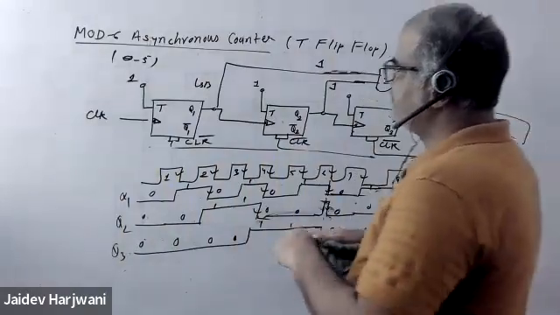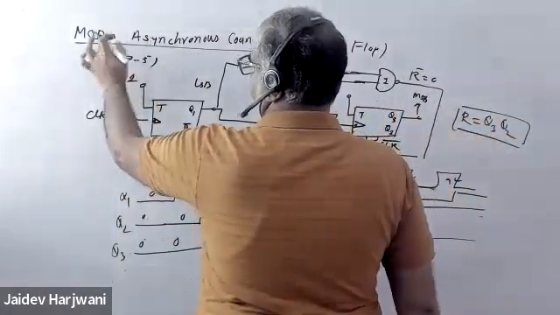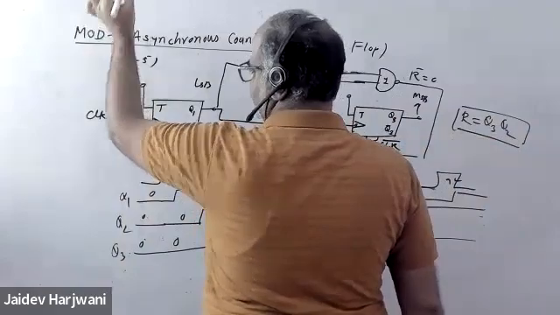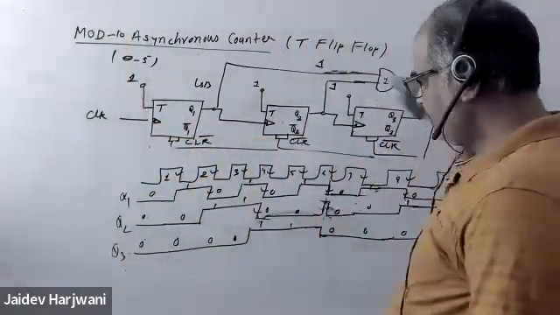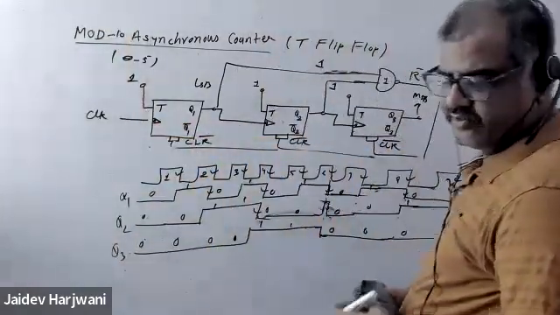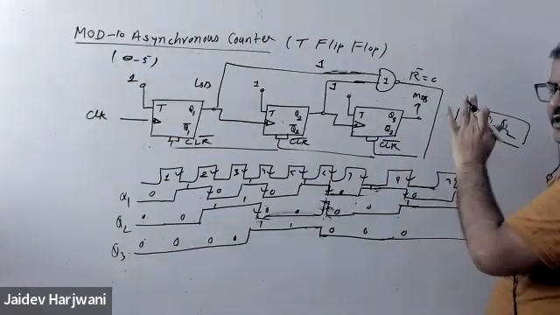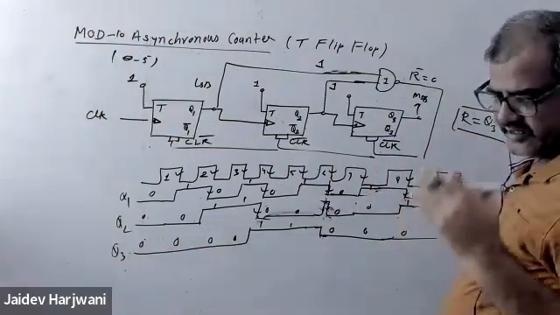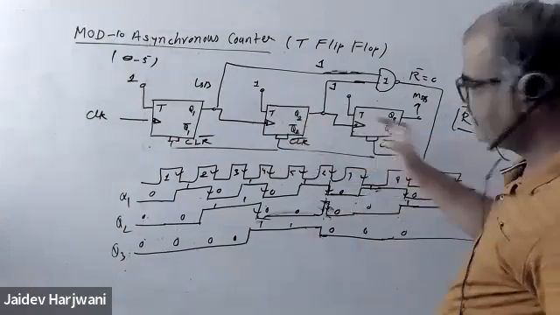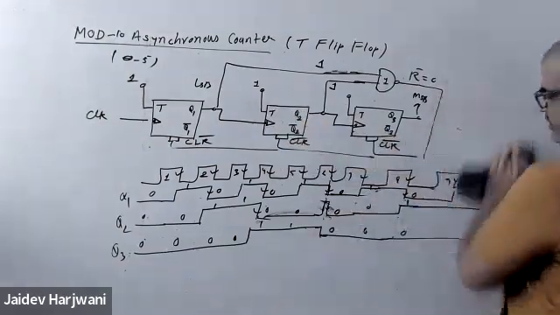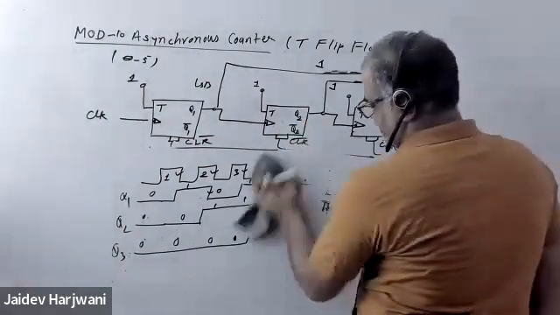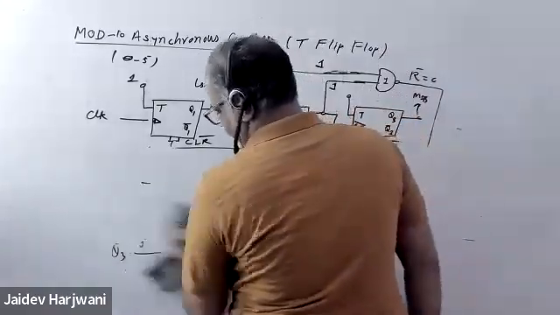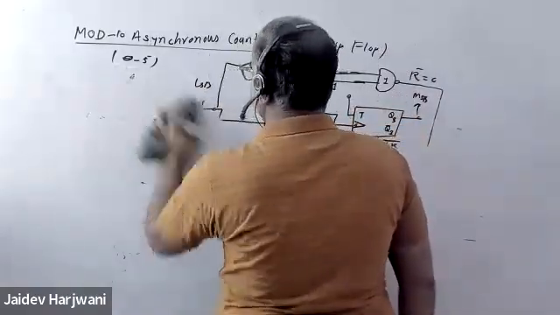Now when you do this mod 10 counter, you'll automatically understand what I'm doing now. You're not just making a mod 10 counter, but using the same method. You need to identify what the value of R is, where you want to reset it. This plotting is very easy. First we'll make the state table.